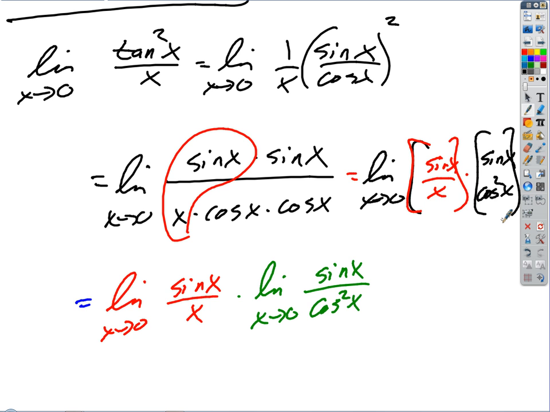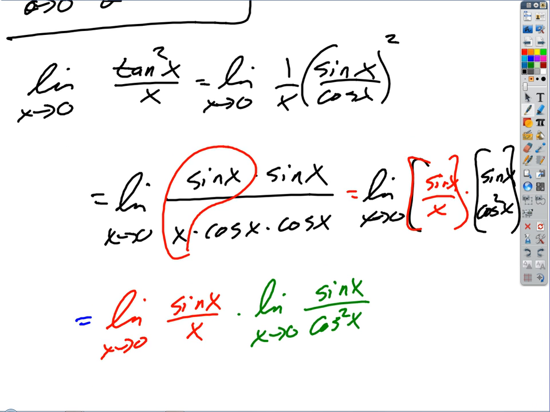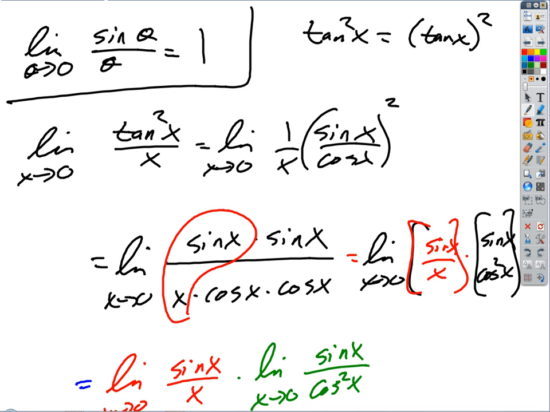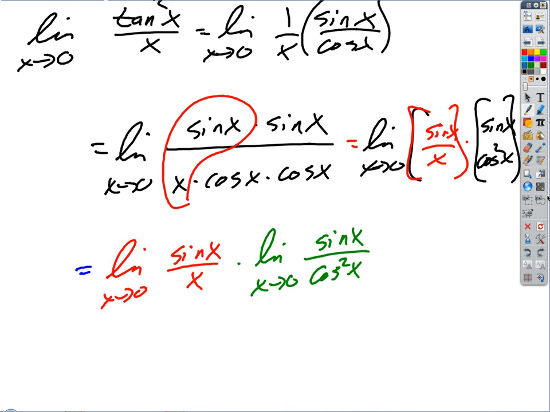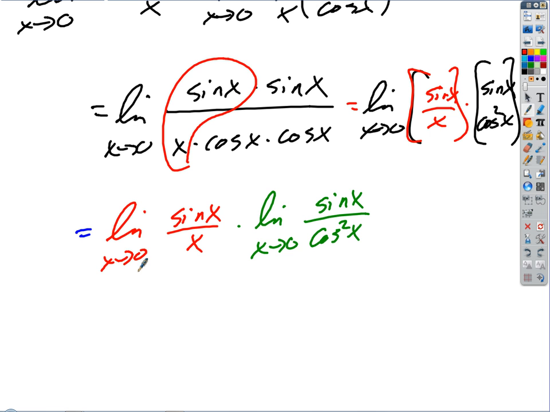Because when I take these limits, this is a special limit that we now know, right? That's the one we just proved. Does that make sense? Okay, so in the limit, this limit goes to 1. This limit is one that we can take. As x goes to 0, what is the limit of sine x over cosine squared x?